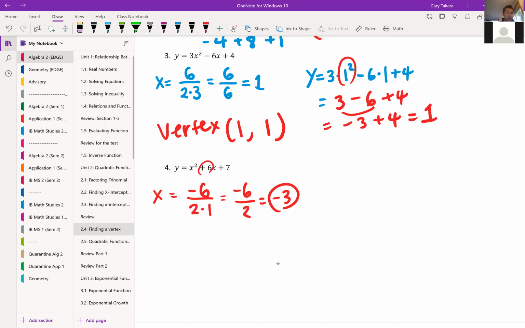Now you're going to plug negative 3 back into the equation to find the y coordinate.